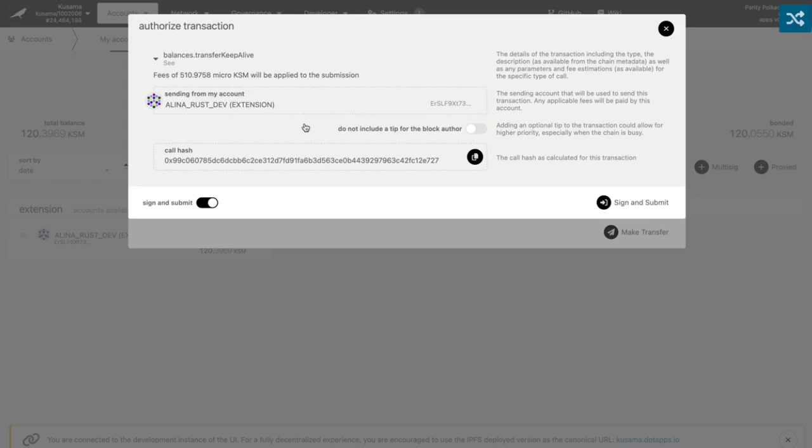Here we can see Sign and Submit. So now we need to talk about signed and unsigned transactions. Signed transactions are the most commonly used ones, and they use the signature of the account who's sending the request to execute the runtime call.